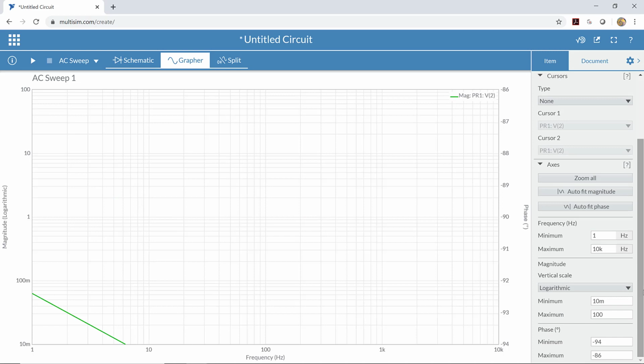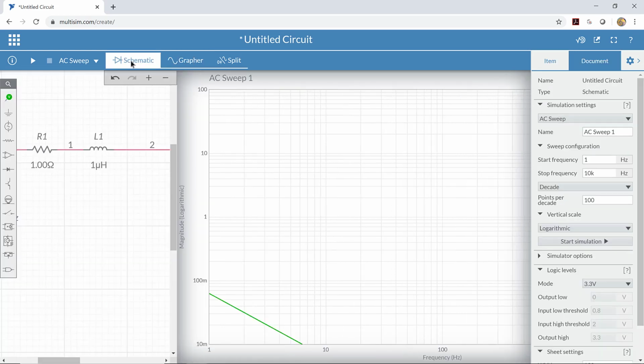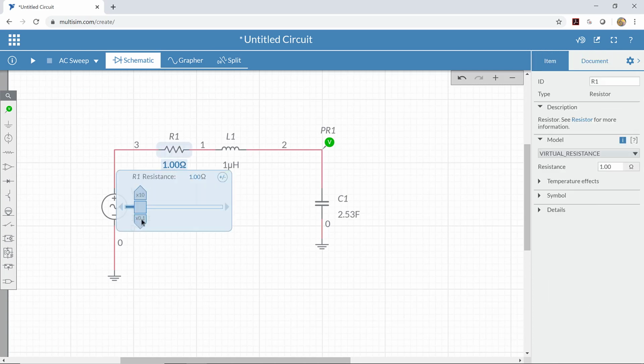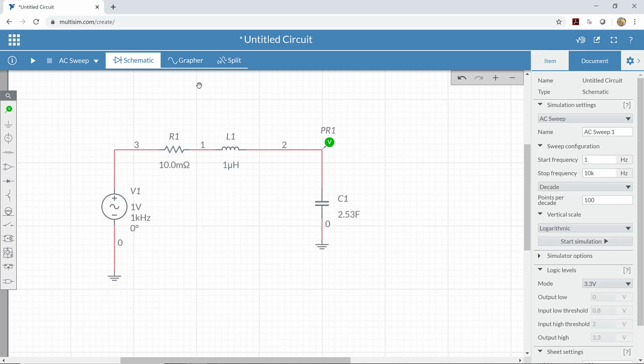Okay, so now that greatly decreased things. So that might have been a little bit too much, actually. So let's go back to our schematic and just make that 0.01 ohms and see what happens there.